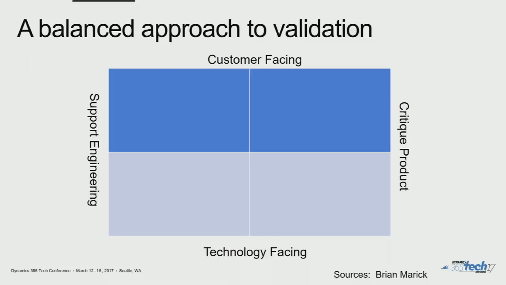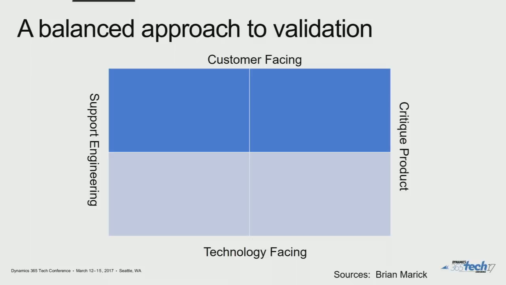And you can see there's a simple two-dimensional set of quadrants that have two areas to think about. So on the horizontal, you're doing one of two things, and several things in between related to your validation.